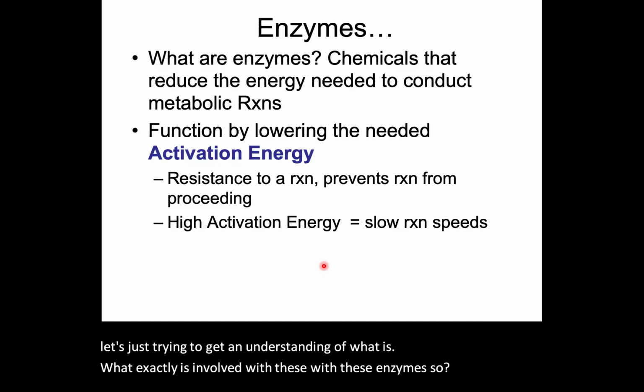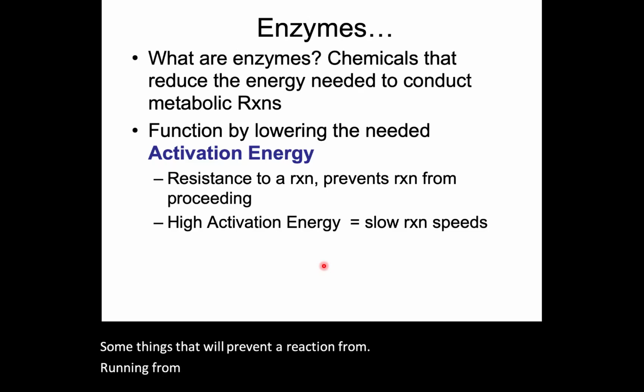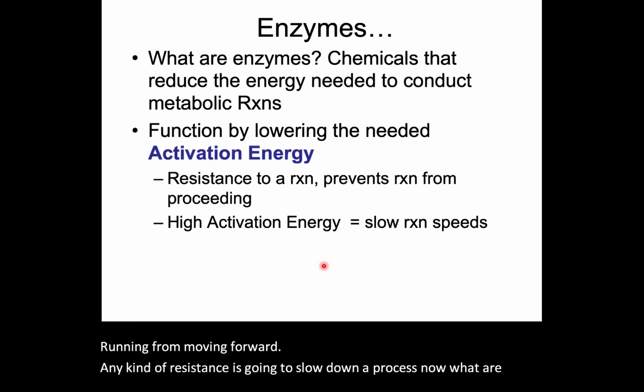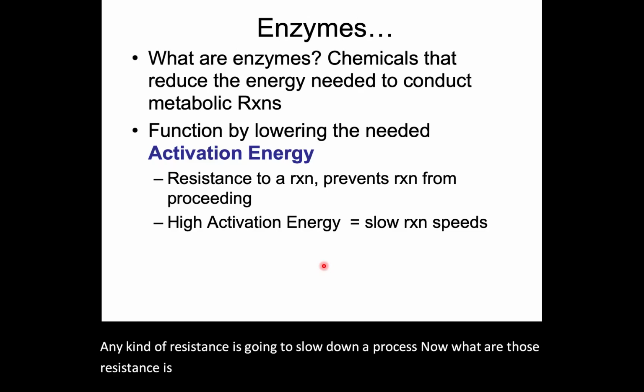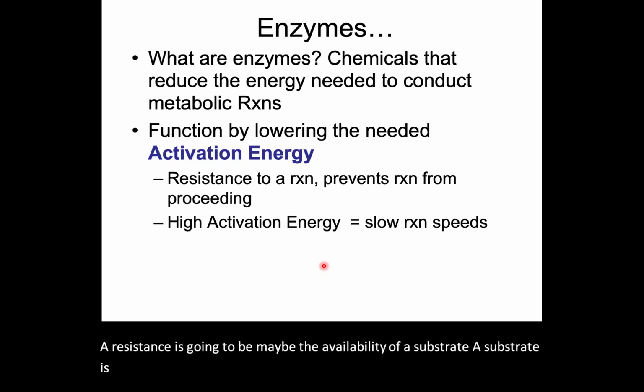Some things will prevent a reaction from running, from moving forward. Any kind of resistance is going to slow down a process. Now, what are those resistances? Very often, a resistance is going to be the availability of a substrate. A substrate is the chemical that is going to bind to the enzyme.